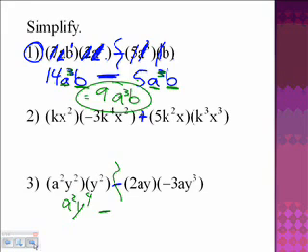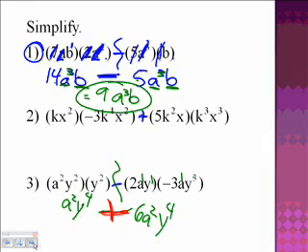Over here, what do we get? 2 and negative 3 is negative 6. A to the what? A to the 2nd. Good. That's 1 plus 1 is 2. And Y to the 1 plus 3 is 4. Now, negative, negative, no matter what, turns into a positive. So I'll change that into a positive.